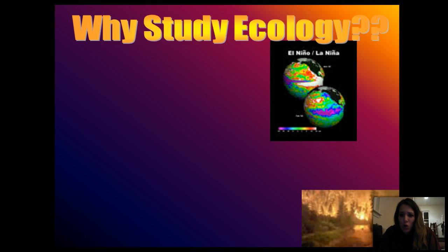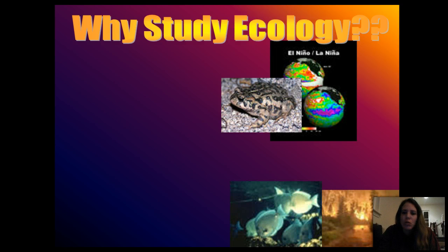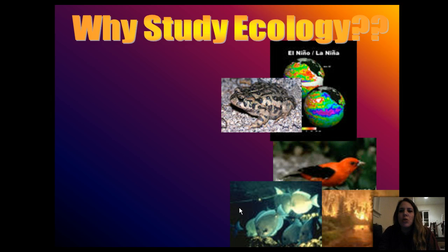We've got crazy forest fires at alarming rates that we haven't seen in the past. We're losing organisms, such as amphibian populations are crashing worldwide, and we really don't know why. We're losing our fish populations due to not only overharvesting, but things like climate change and pollutants. We're losing our natural songbird populations.